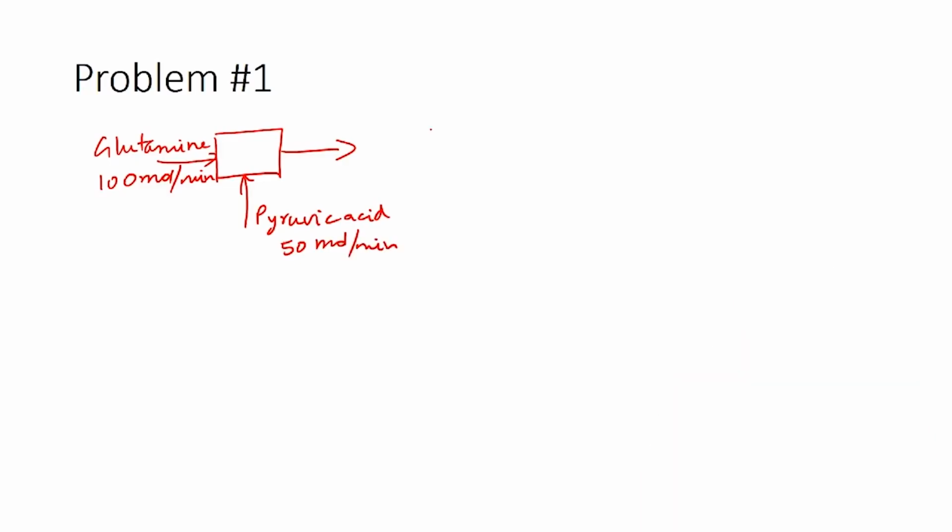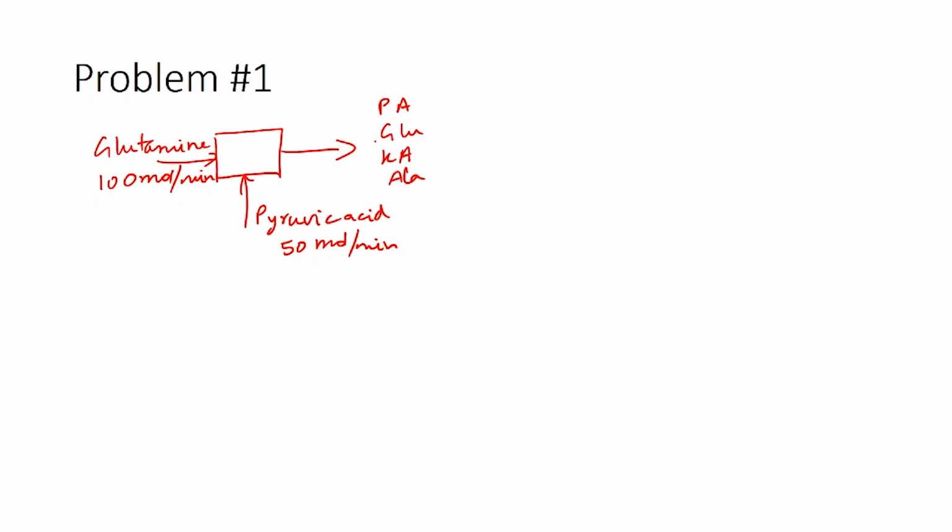You have an exit stream which would contain unreacted pyruvic acid, unreacted glutamine, and the products ketoglutaric acid and alanine. So this would be your product stream.